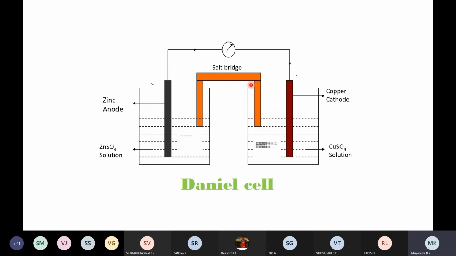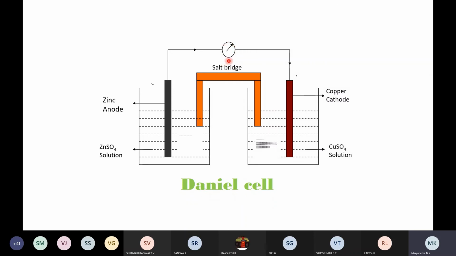In the right hand side container, Cu2+ ions are present. These Cu2+ ions gain the liberated electrons and are reduced to copper metal on the surface of the copper metal. So once copper metal is deposited, the voltmeter starts to fluctuate.